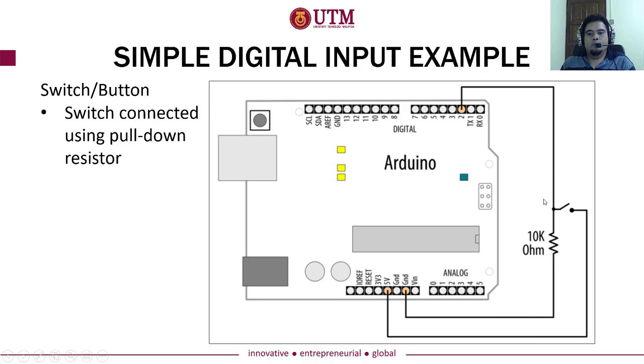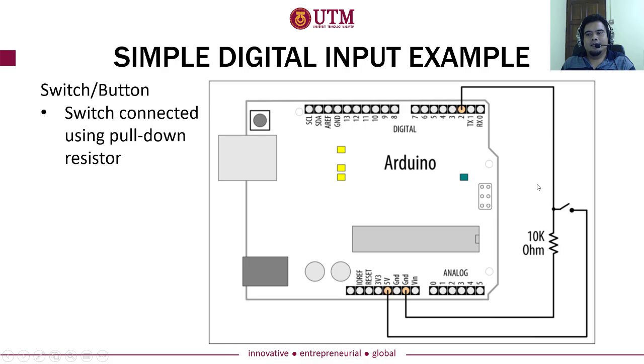In this example, we are using the 5-volt signal, which goes from this wire, and the ground signal, which is also from the Arduino. We connect them to this switch, and this switch will determine whether it will provide 5-volt or ground to this port number 2.